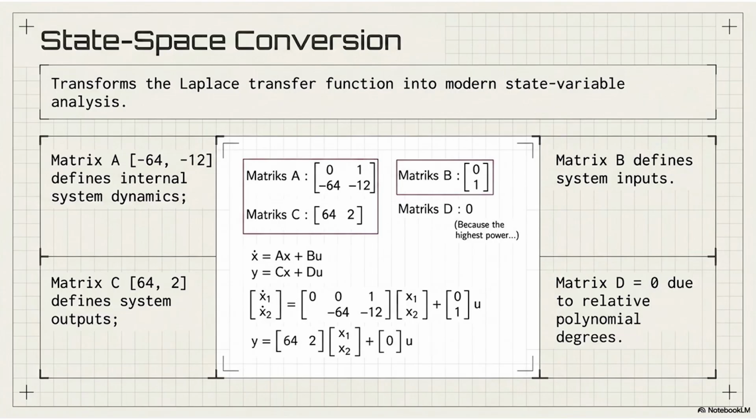Matrix B, defining system input, is [0; 1]. Matrix C, defining output, is [64, 2]. Finally, matrix D is exactly 0 because the highest power in our numerator is less than the highest power in the denominator.